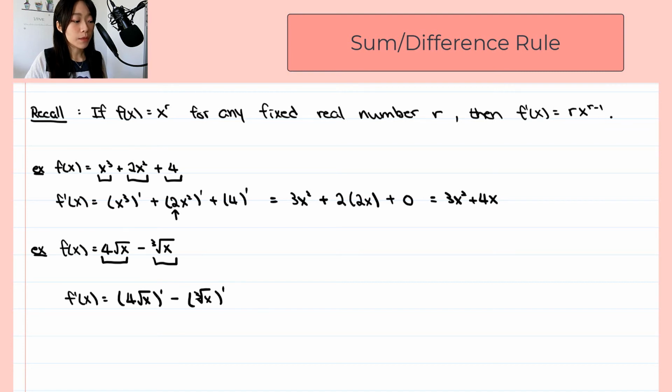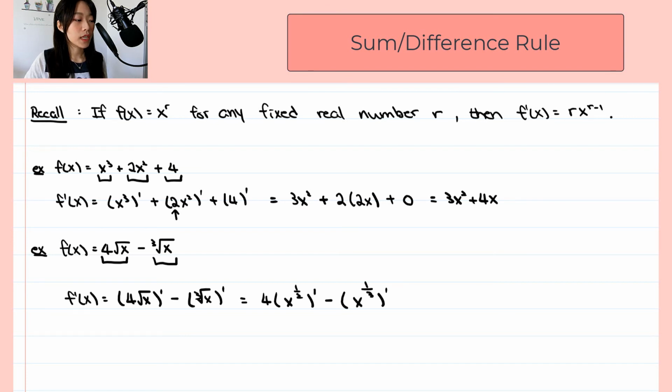And now we can use the power rule. So here we want to rewrite the functions in the form of x to the power of r. So the first function is 4 times x to the power of a half, minus the second function, which is x to the power of a third.